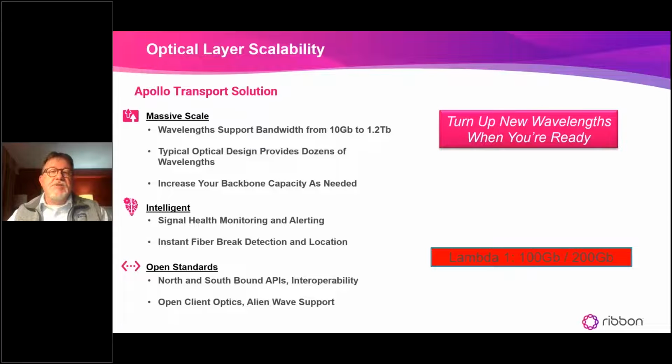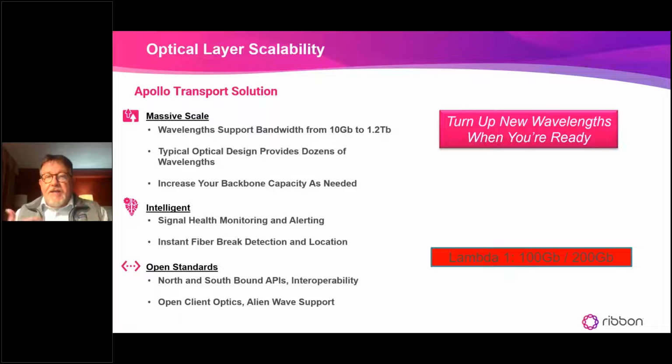A typical design will provide dozens of those wavelengths, and the number of wavelengths that we can provision for you really varies. It's based on your topology, your physical fiber, how far we have to go, how much bandwidth we need to push.